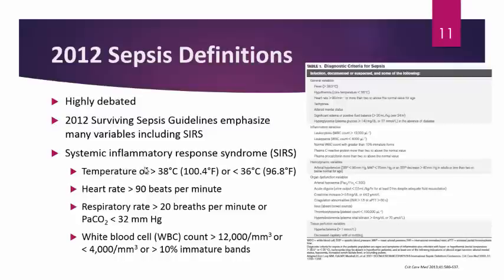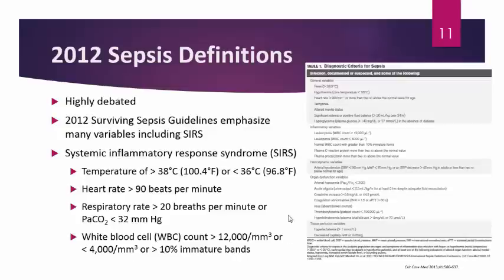Now, the SIRS criteria are these 4 criteria below here. SIRS criteria are essentially a temperature of greater than 38 degrees Celsius or 104 Fahrenheit, or less than 36 degrees Celsius or 96.8 Fahrenheit, a heart rate of greater than 90 beats per minute, a respiratory rate of greater than 20 breaths per minute, or a PaCO2 of less than 32 millimeters of mercury, or a white blood cell count greater than 12,000 or less than 4,000, or greater than 10% bands.